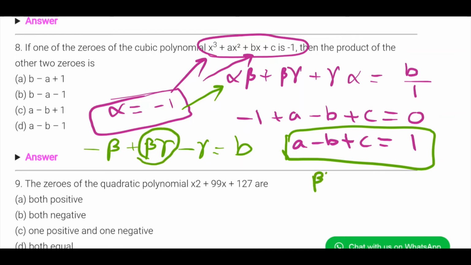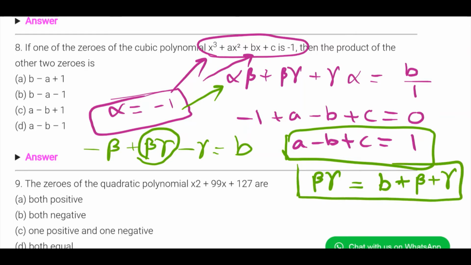So beta into gamma will be equal to b plus beta plus gamma. So we got this equation for beta into gamma.